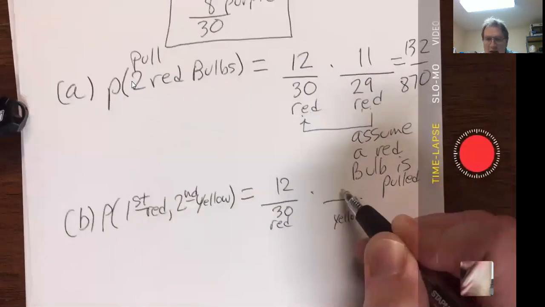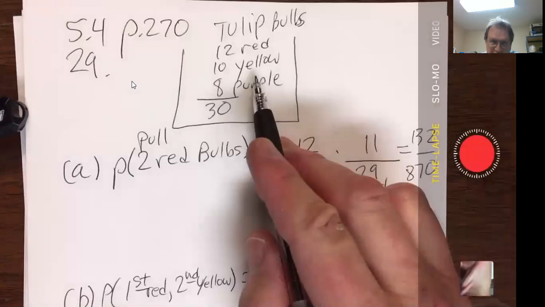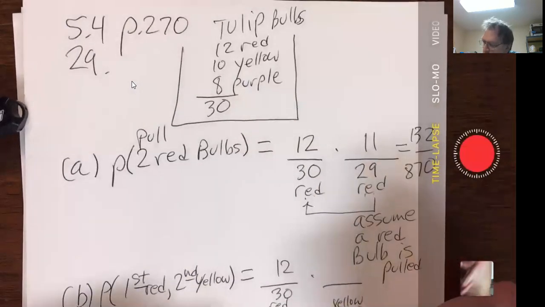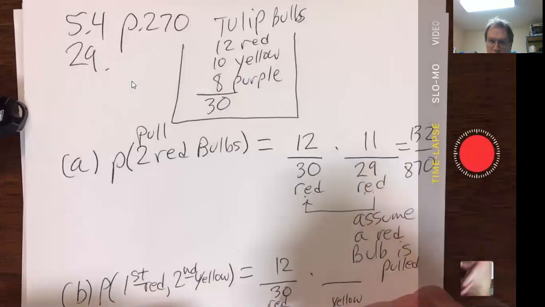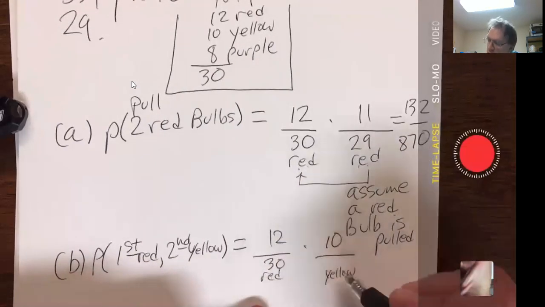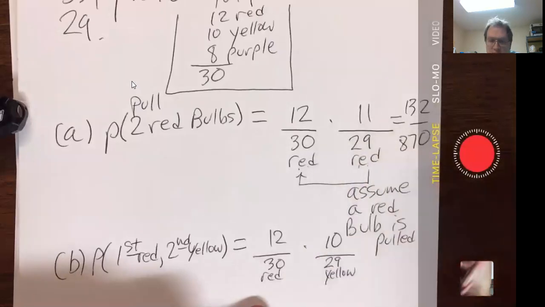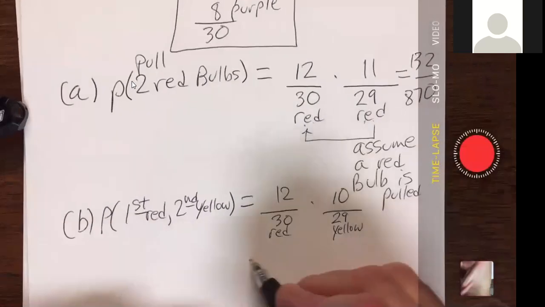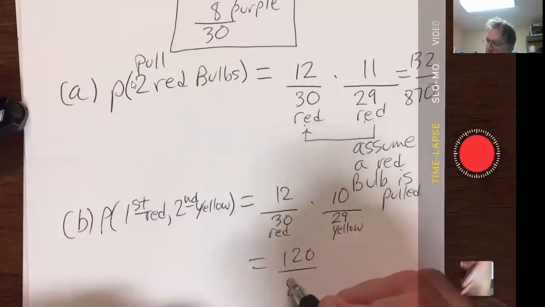Now you don't go 11 unless there'd been 11 yellow, but no, this condition is different. So you assume a red one is pulled, but that leaves 10 yellow. But with a bulb pulled, there's still only 29 bulbs. So that's going to be 120 over 870 again.